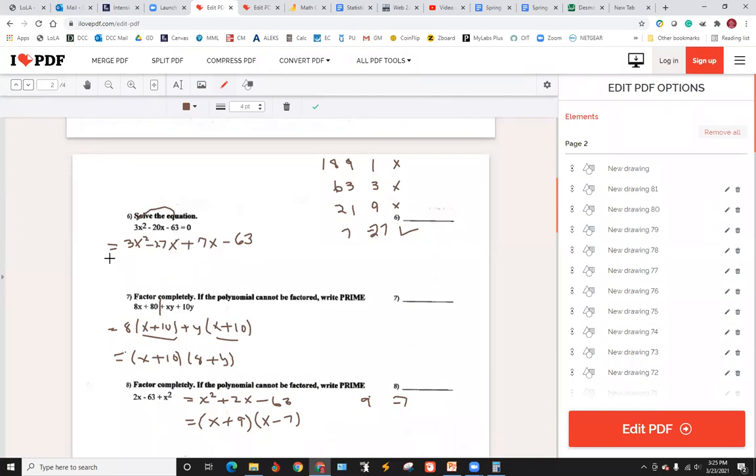All right, so over here we got 3x is the greatest common factor. Bring down the plus 7, and then it's x minus 9. There's your repeater.